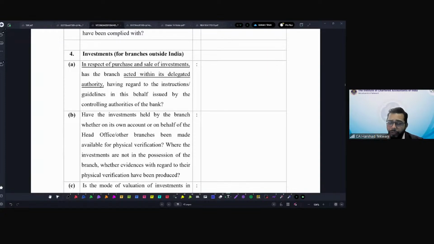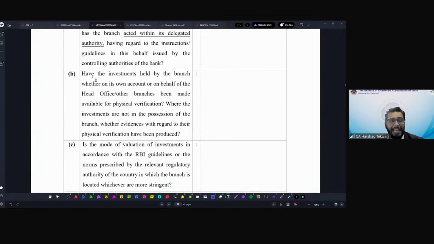Tomorrow a branch can use the funds and purchase anything because they have the funds. So whether they have purchased and sold the investment the way they were supposed to, within the authority, and whether the investment is available for physical verification.